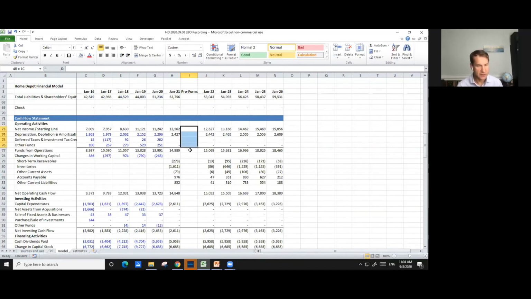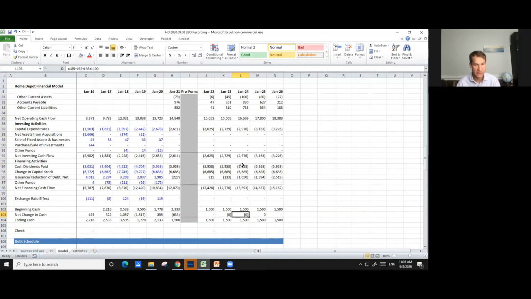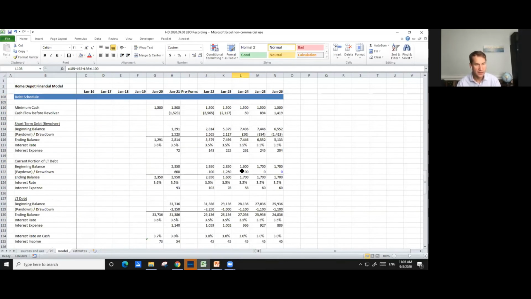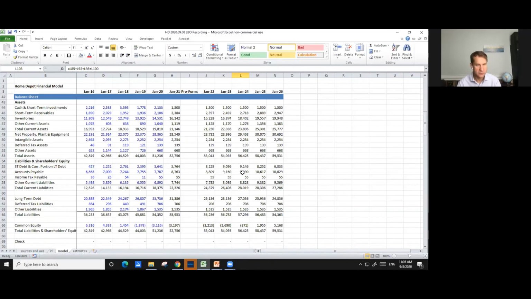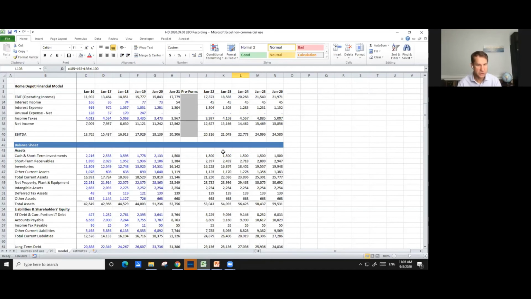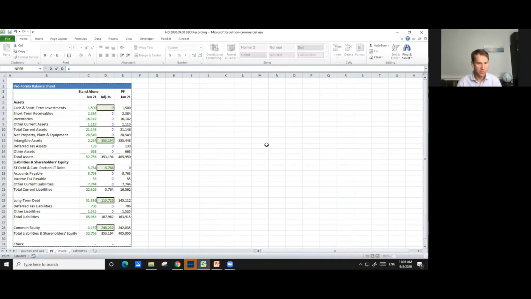There's also nothing that we need to adjust, at least for the pro forma. We haven't created pro forma cash flow statement. So this one also is gray, so we're not going to put in anything in that column. So for the balance sheet here, let's manually link the balance sheet to pro forma balance sheet tab.